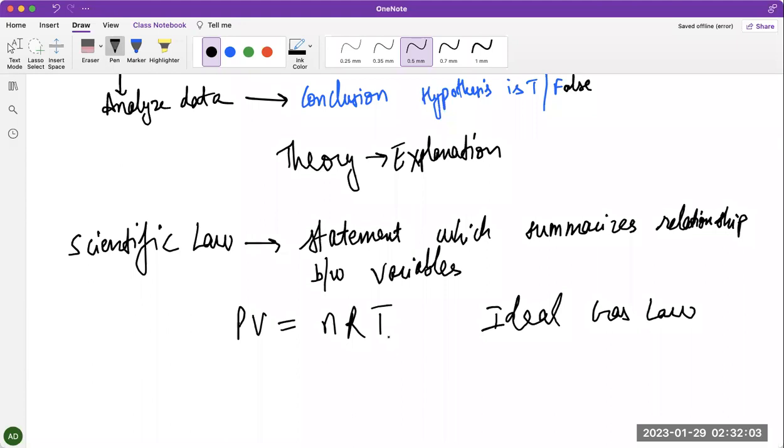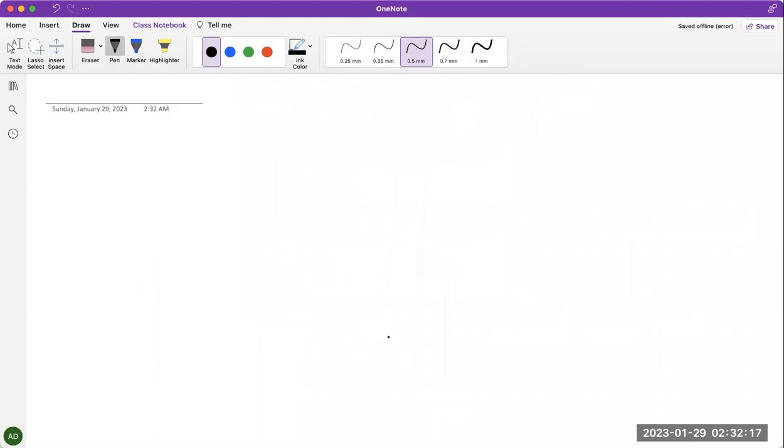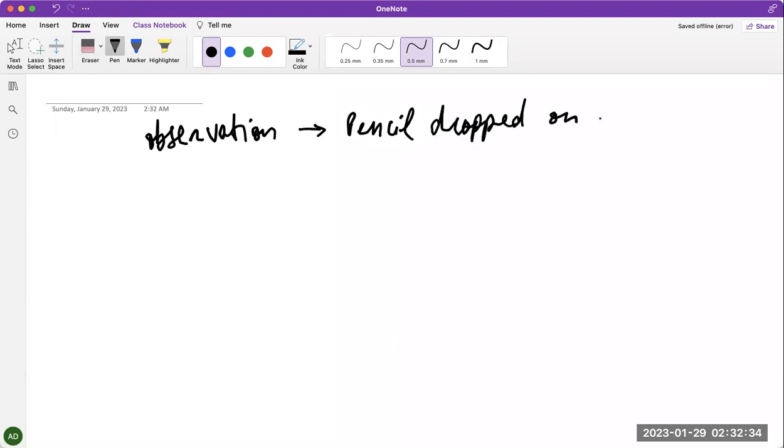Now, let's take some more examples to understand each one of the things we just discussed. Let's say you made an observation that the pencil dropped on the floor. So the pencil dropped on the ground or on the floor. This is the observation.